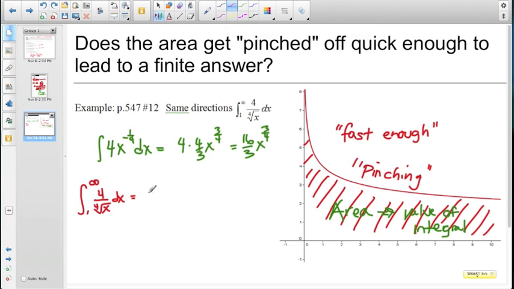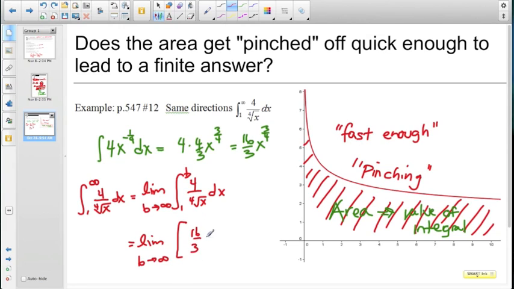And so I'm just going to call that upper limit b again. And so we're going to take a limit as b goes to infinity of 4 over the fourth root of x dx. And so that is the limit as b goes to infinity of 16/3 x to the 3/4 from 1 to b.